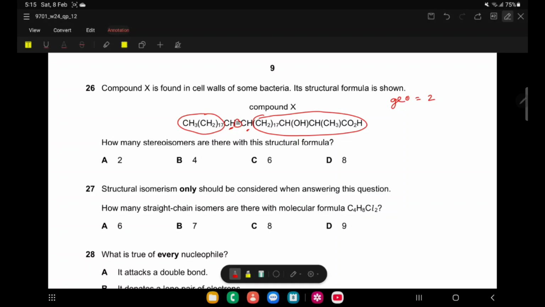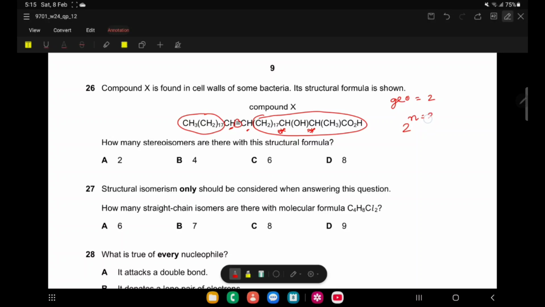And if you check this out, this carbon and this carbon are chiral centers. From the formula for optical isomers, the calculation from the number of chiral centers, you have to follow this rule.